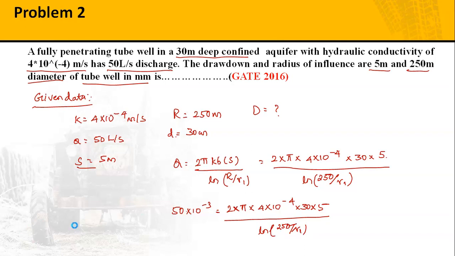So when you solve this equation, ln of 250 divided by R1 is equal to 0.3769 divided by 50 into 10 to the power of minus 3.